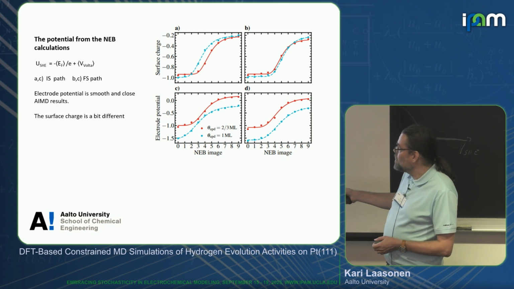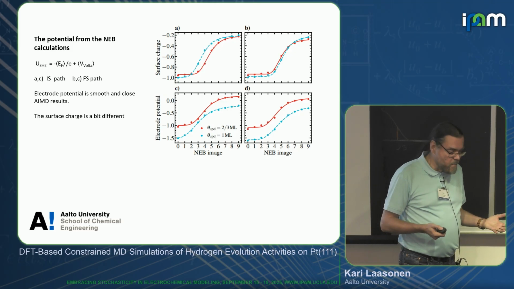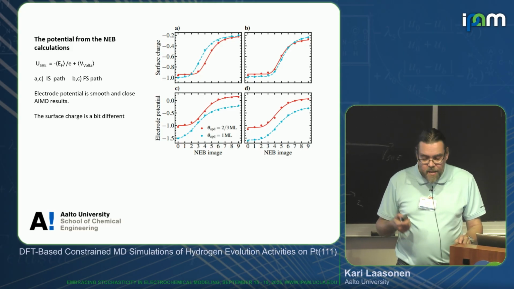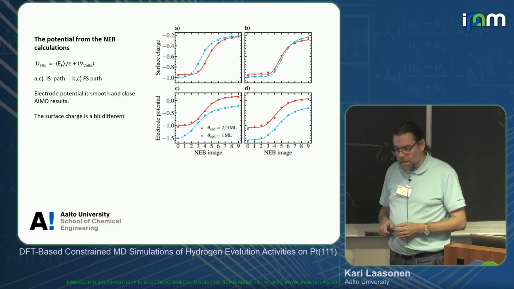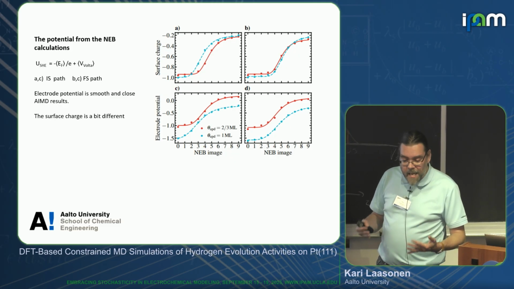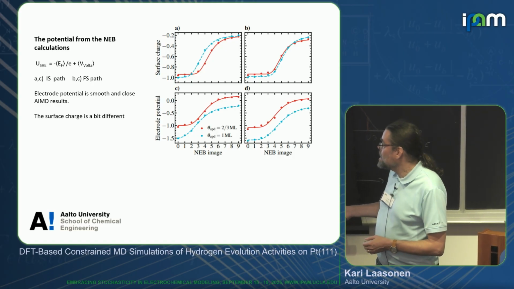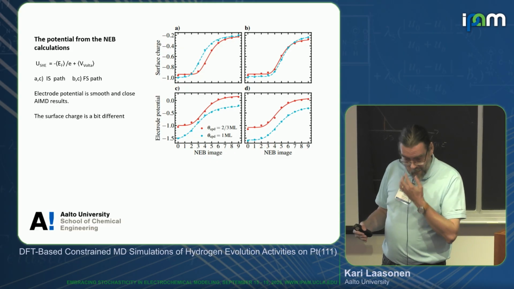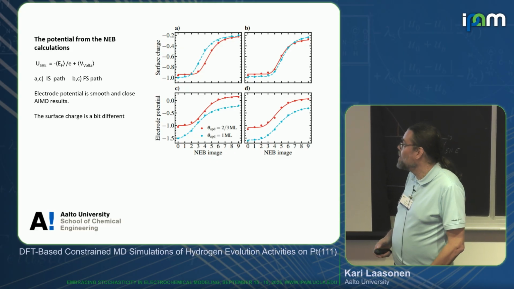Because this is a static calculation, of course we get this voltage very nicely. So this is a good way. Maybe the barrier itself is not very reliable, but at least we have certain geometries, and we see that the voltage behavior is pretty similar to that in the dynamics. And at least the error bars we see in the dynamics are hopefully not crucial.